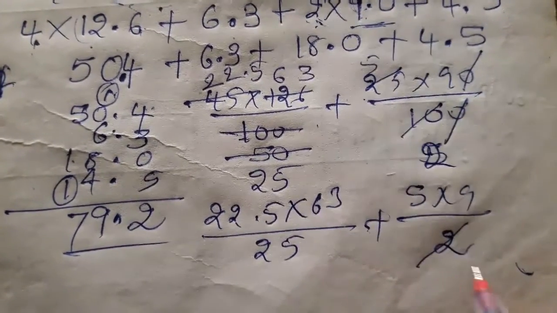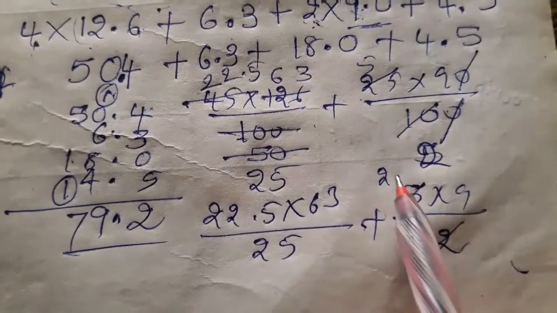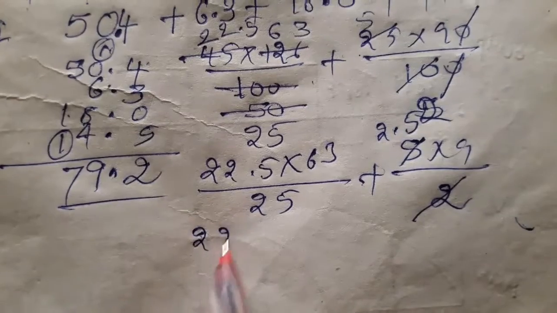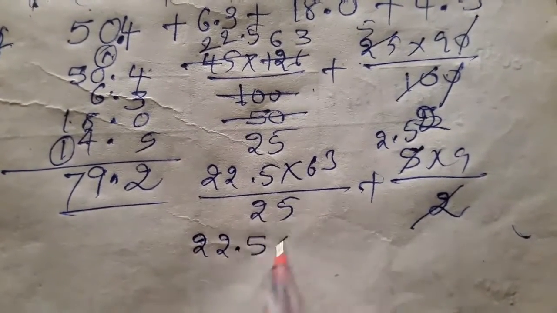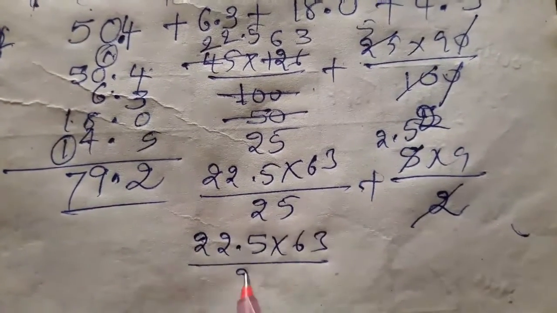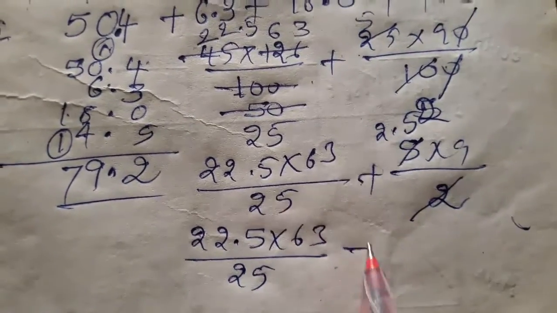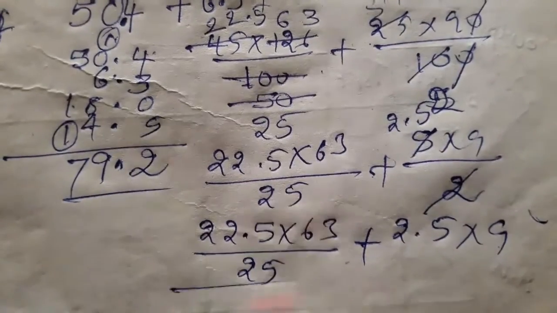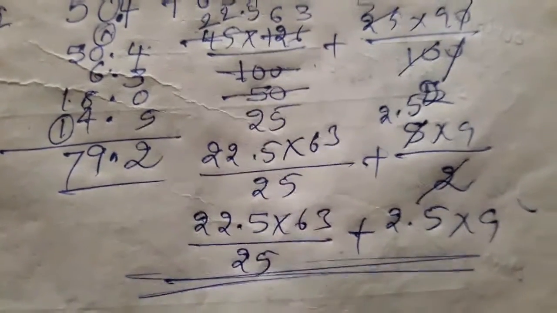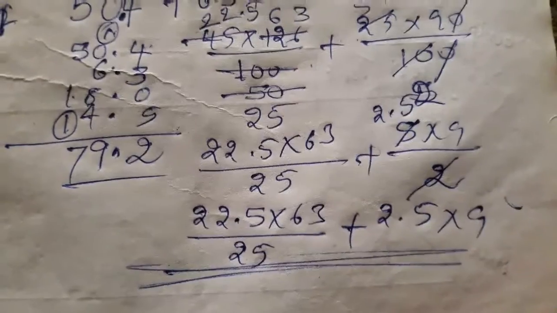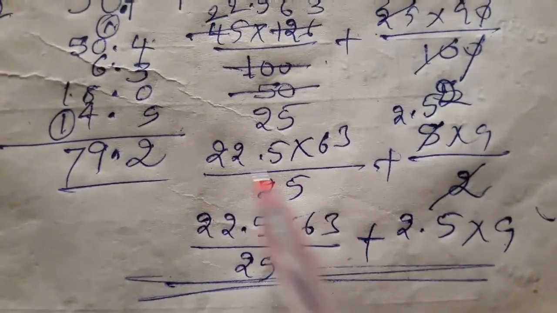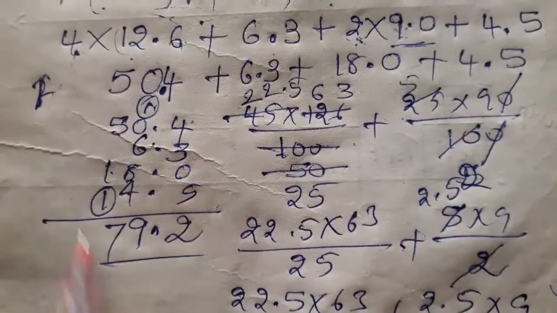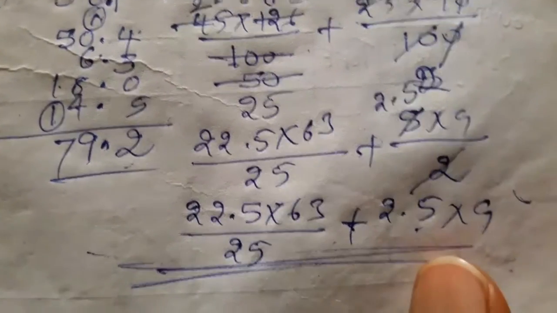Now once again 2 ones are here, 2 twos are 2.5, so 22.5 into 63 by 25 plus 2.5 into 9. So see here, whenever round figures, I mean 200, 300 like that numbers are not given, the problem becomes very complicated in the traditional method, but in the shortcut method this is so simple, isn't it?